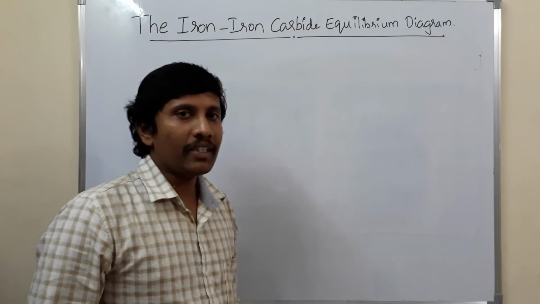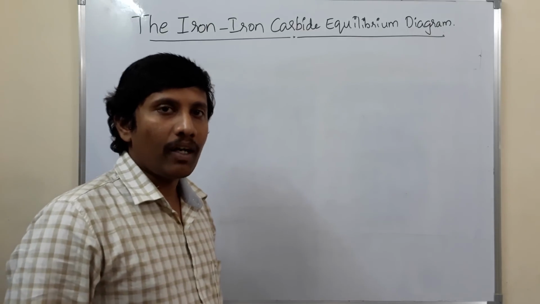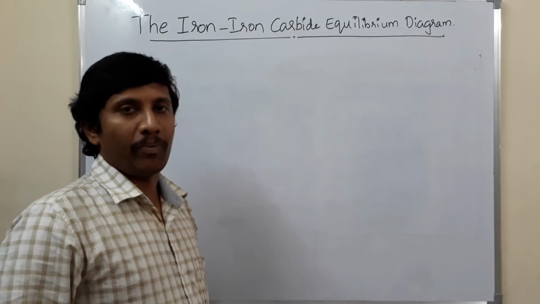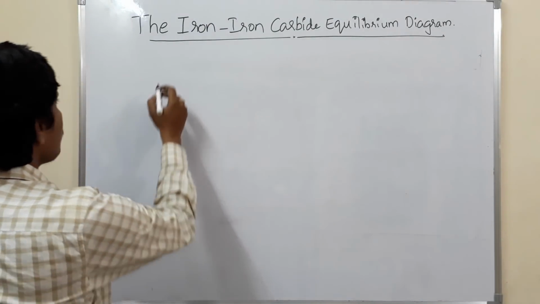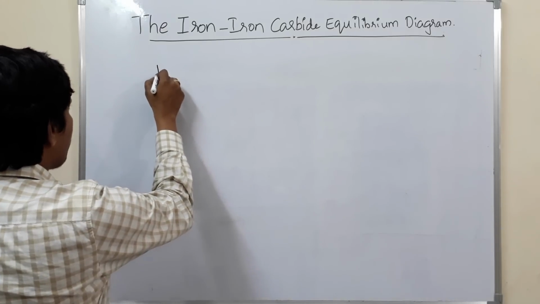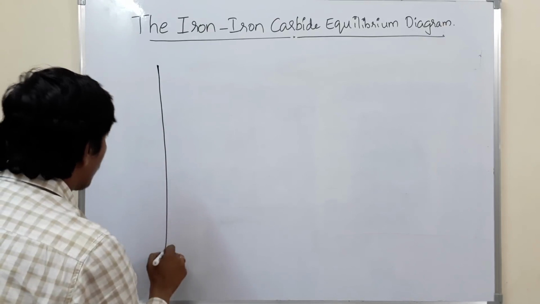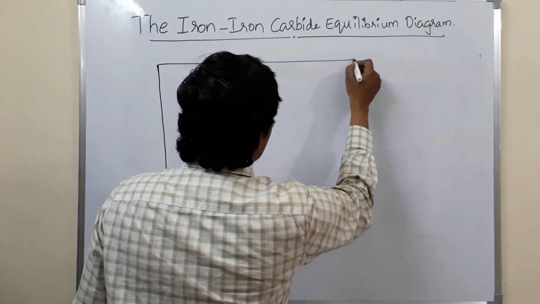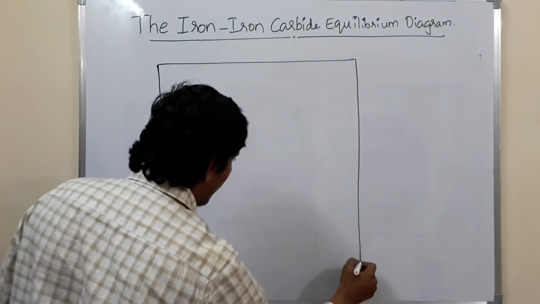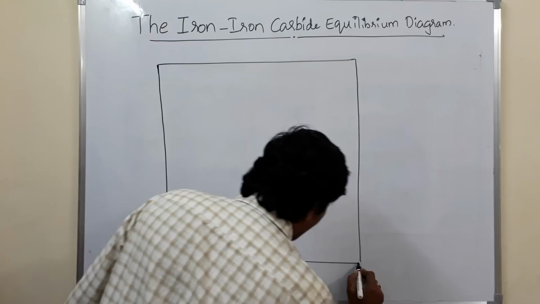Now let us see how we plot the iron carbon or iron carbide equilibrium diagram. I will be taking the temperature on the y-axis and composition on the x-axis. So first I am constructing the iron carbide equilibrium diagram.